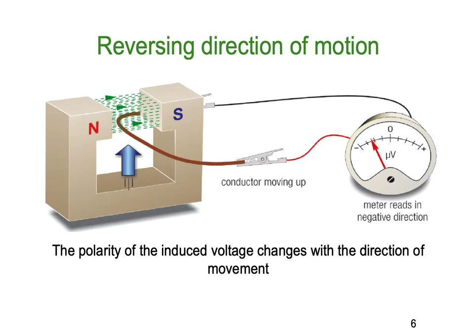Reversing the direction, you can see here we've now put the arrow going up and moved the wire up, and as I've just mentioned, the needle goes in the opposite direction, so the meter reads in the negative direction. Polarity is affected by the direction the wire moves relative to the magnetic field. Sometimes you might move the wire, sometimes you might move the magnetic field. In this case, we're moving the wire relative to the magnetic field.